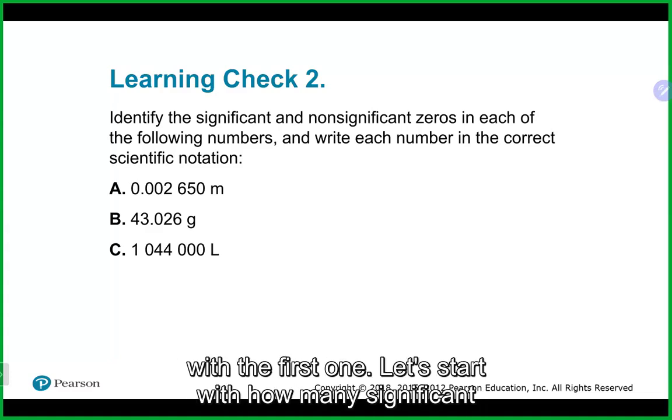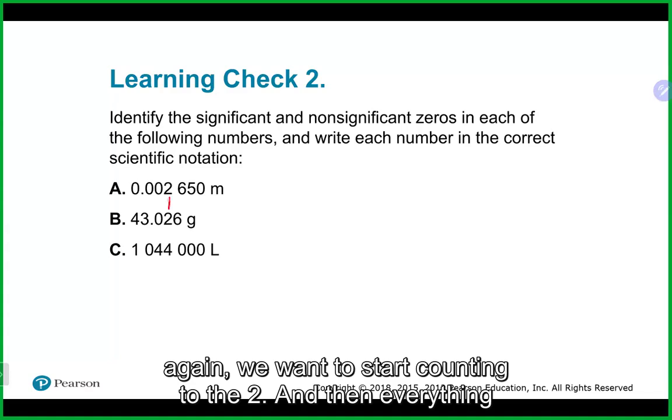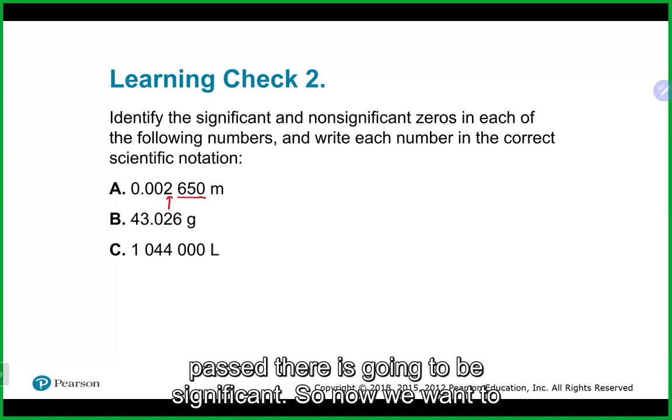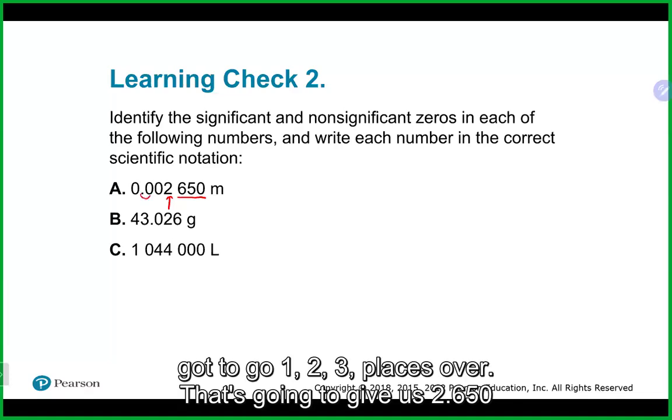Let's start with how many significant figures are there in that first one? There are 4, and again, we want to start counting at the 2, and then everything past there is going to be significant. So now we want to remember scientific notation, a number between 1 and 10. So we've got to go 1, 2, 3 places over.